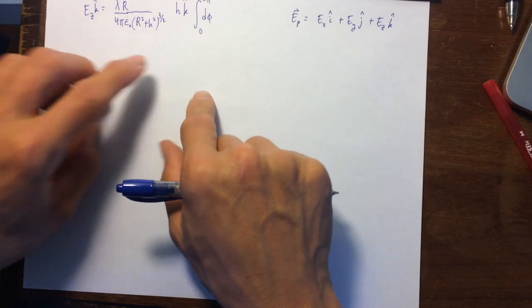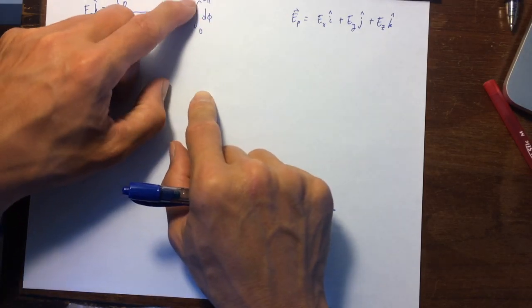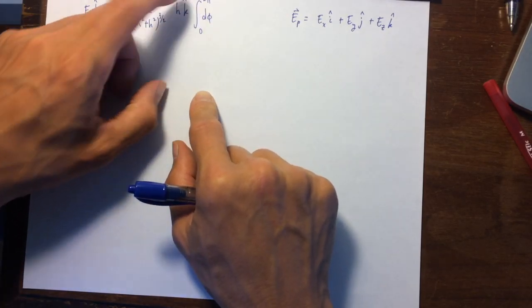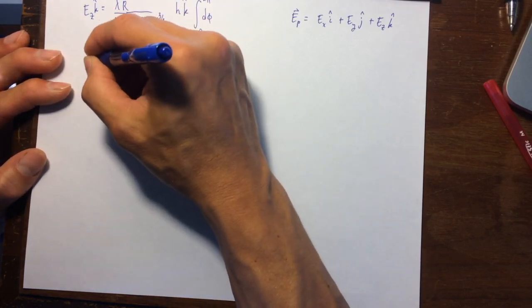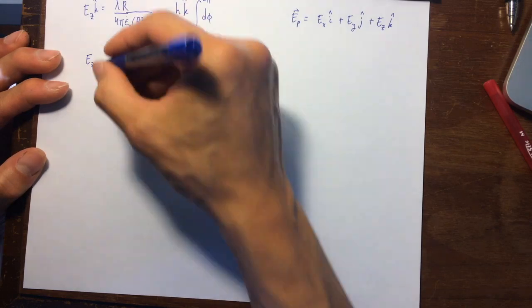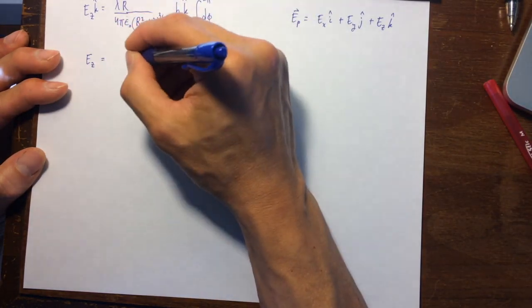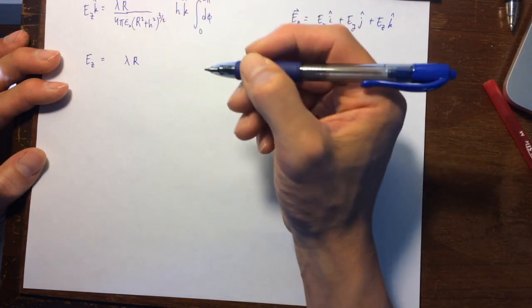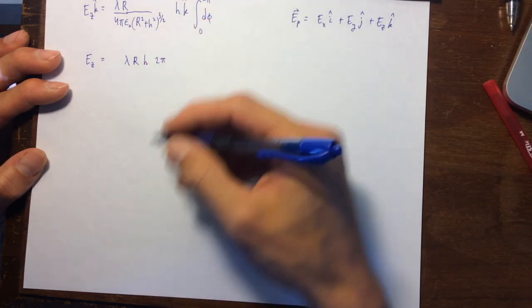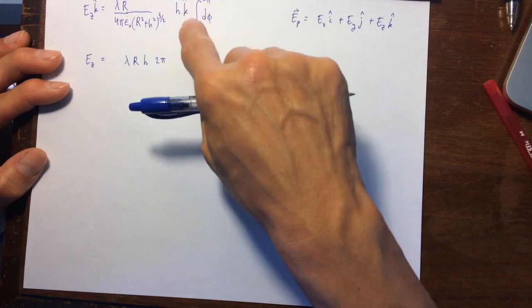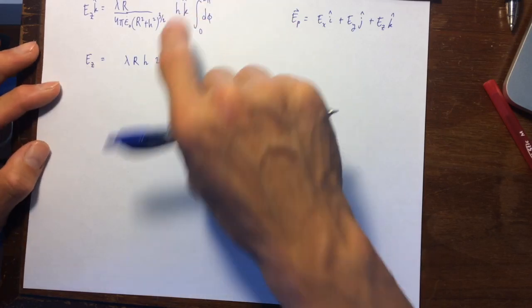This looks good. The integral, this kind of thing, is very simple. It just turns into 2 pi, and we get that the z component of the electric field looks like lambda r h times 2 pi. That's the result of the integral, and I'm dropping the k hat because I'm not including it on the left side.